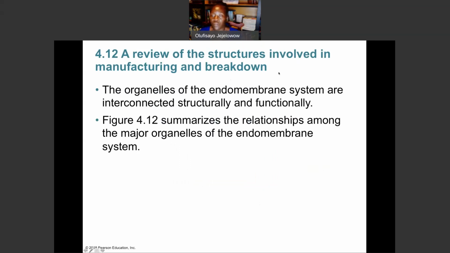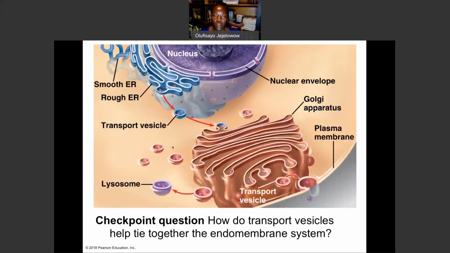So let's review the structures involved in the manufacturing and breakdown of the cell. The organelles of the endomembrane system are interconnected structurally and functionally. In the next table, we can see the relationship among the major functions of the membrane system. So this is the nucleus.